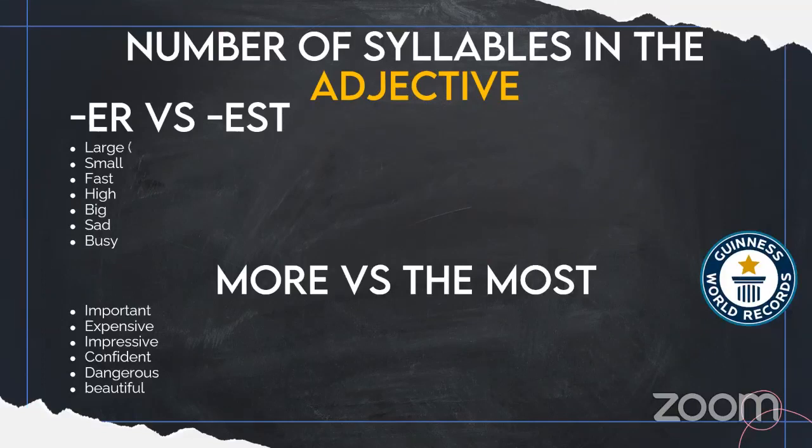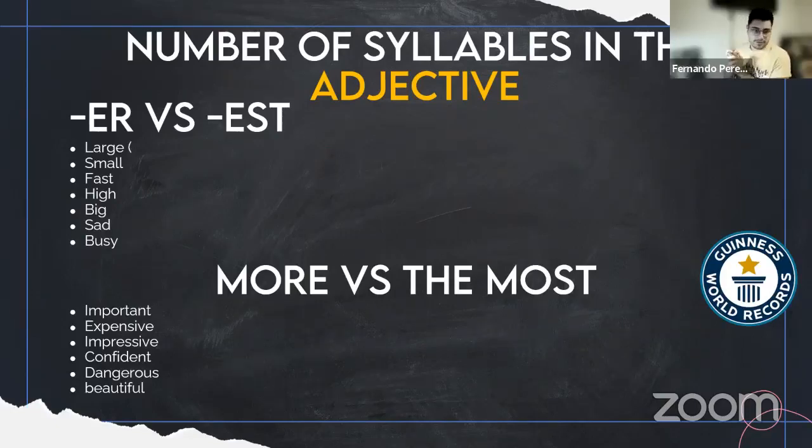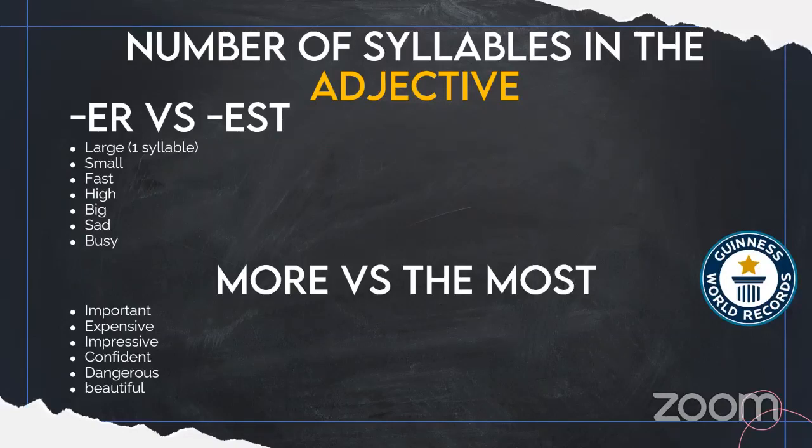Large. One. How many syllables does small have? One.